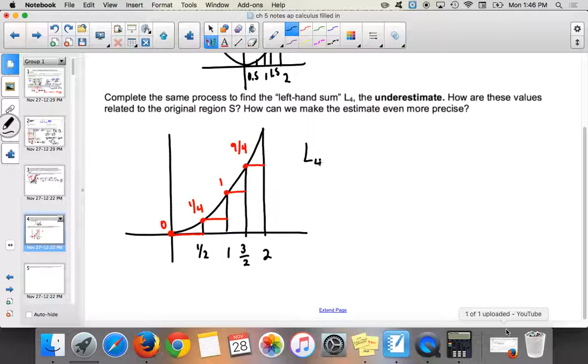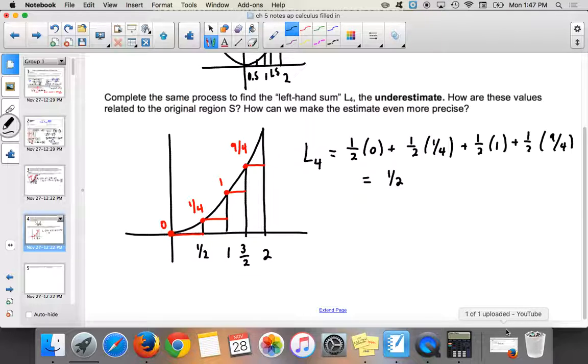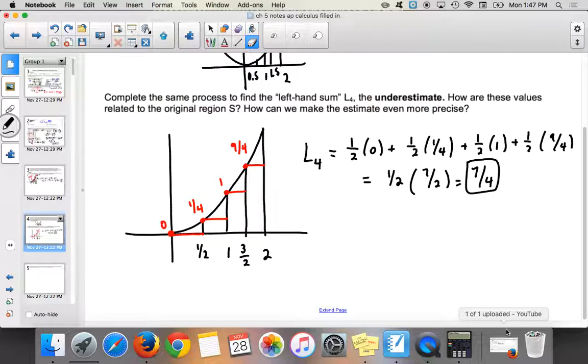So my left-hand approximation with 4 rectangles is going to be 1/2 times 0 plus 1/2 times 1/4 plus 1/2 times 1 plus 1/2 times 9/4. So what do we get, Ian? Oh, man, I'm sorry. Over 2. 7/2... I think it's 7/4. Yeah, 7/4.